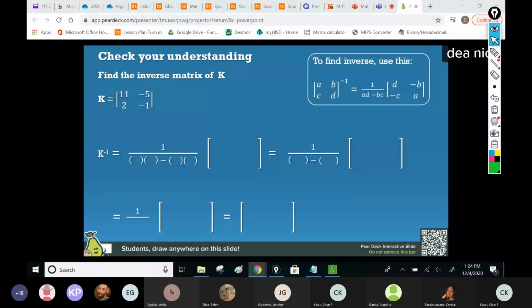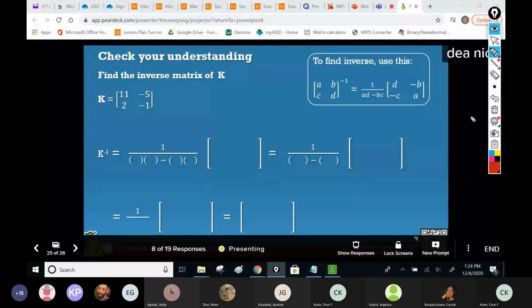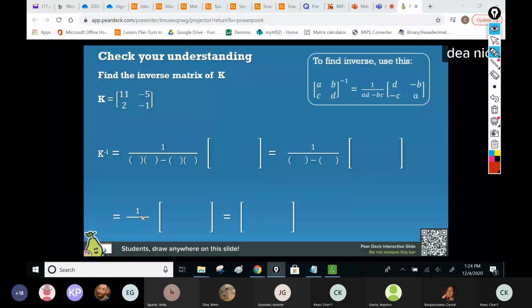I also want to give you all a hint. Angelica, look at my screen real fast. The 1 over -1 right here, right away simplify this into just -1, so it will be a little bit clearer. Because 1 over -1 is going to be -1, right? So you no longer need to write the whole thing as a fraction. Just put -1 and then you're good. You're going in the right direction. Just keep going.